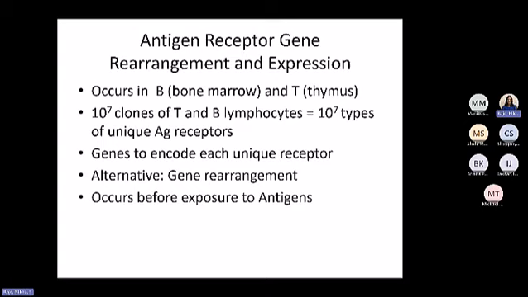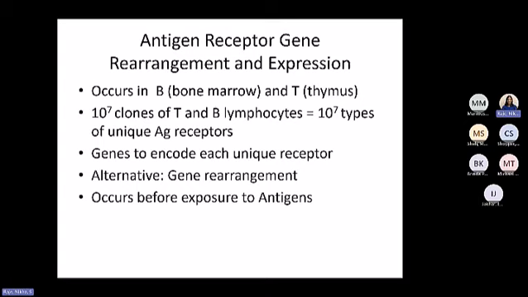Think about, say, about 10 million clones of T and B lymphocytes that are present, each clone with a unique antigen receptor. But if the T and B cell genes were trying to encode these receptors, to make those proteins that go on the surface and act as receptors, most of the genes would be used up just for the purpose of making receptors, and the functions of T and B cells that require other genes might not be possible.